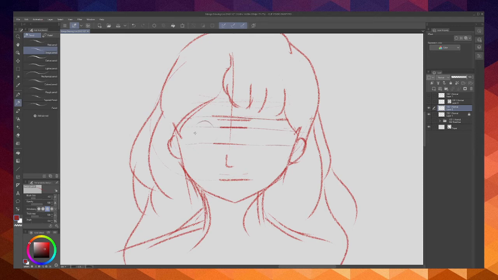If I put the eyes here, the drawing looks older, but if I put the eyes here, the drawing immediately looks younger. We're going to put it right in the middle and increase it in size a little bit.